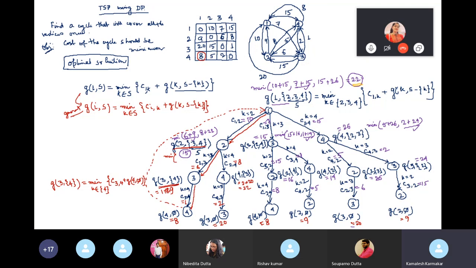This value is 12. Here this value is 15, so it will not match. So it will not follow this path.